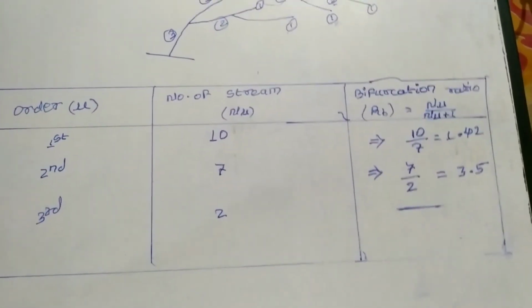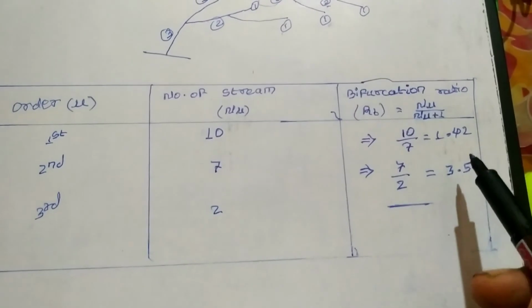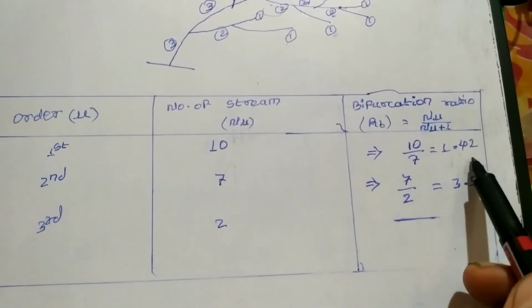In this, what is the maximum bifurcation ratio? This is 3.5. 3.5 is greater than 1.42.